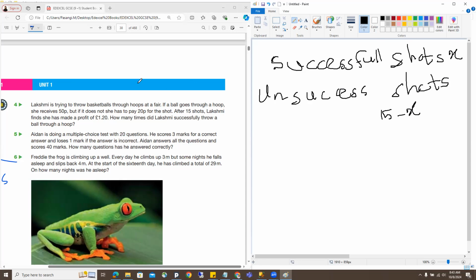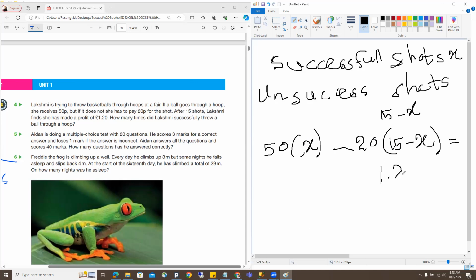If she had x successes, that means 50 times x minus 20 times (15 minus x) should equal 1.20. Is it clear?